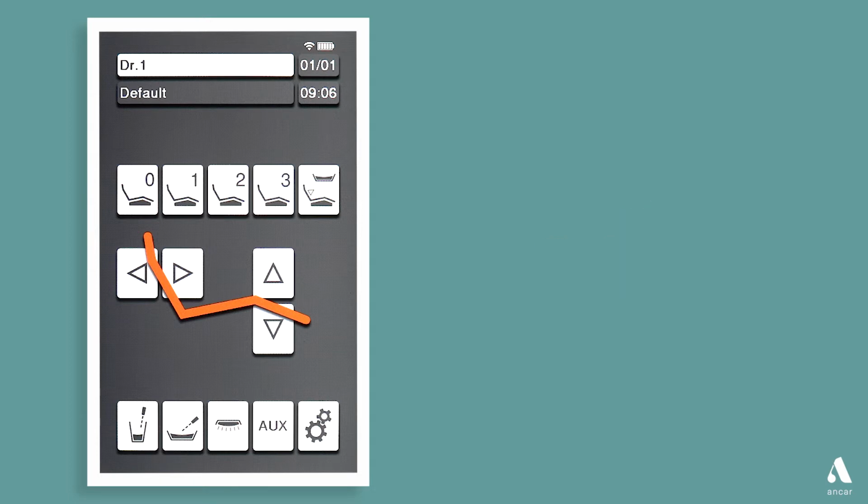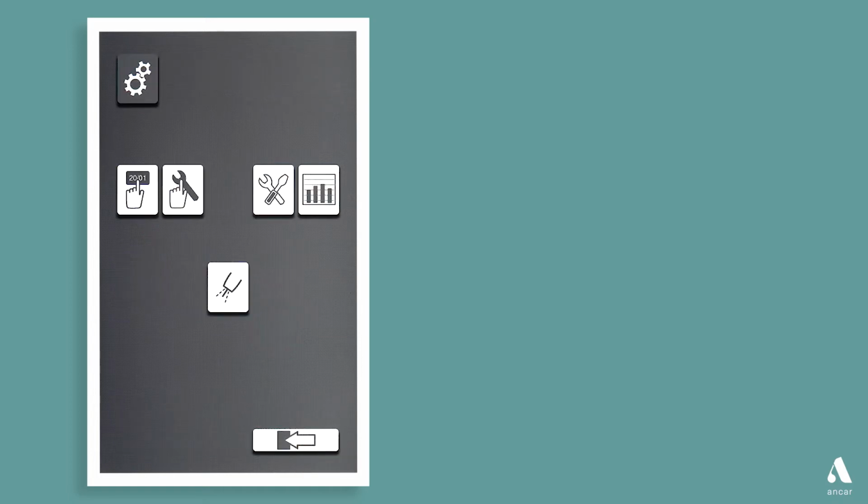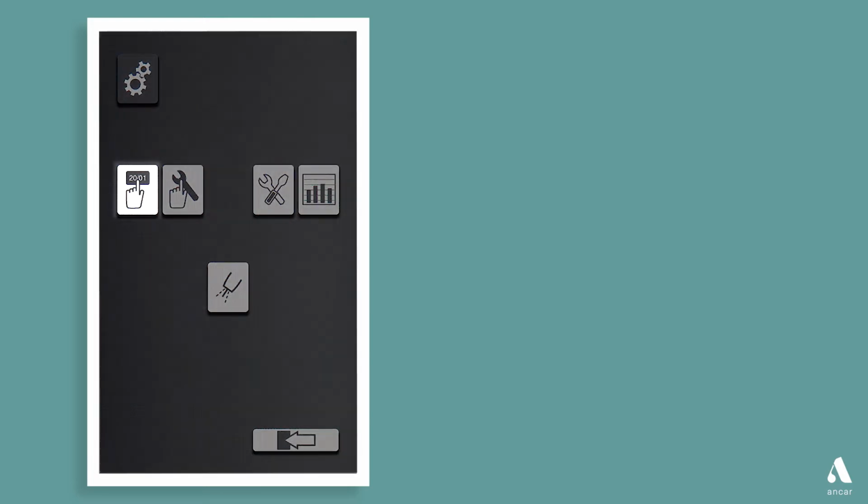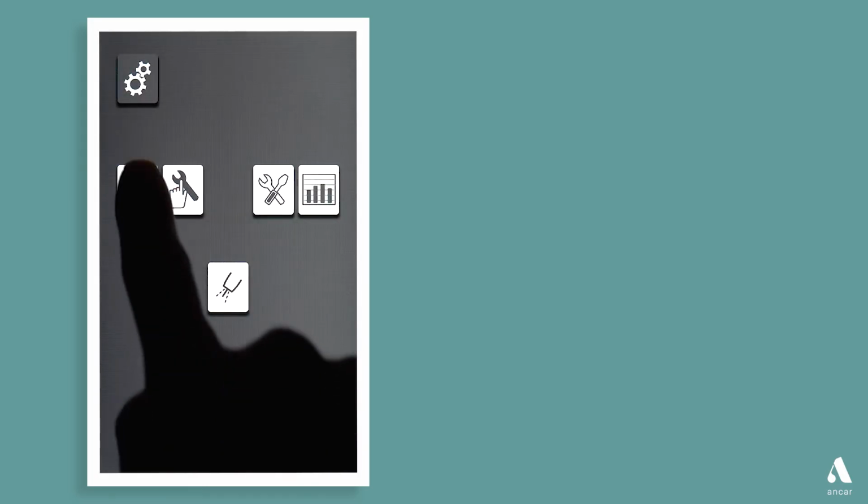To complete the options available on the main screen of the touch panel, we have the access icon to the configuration menu. In the configuration menu, the first section available is the customization one.